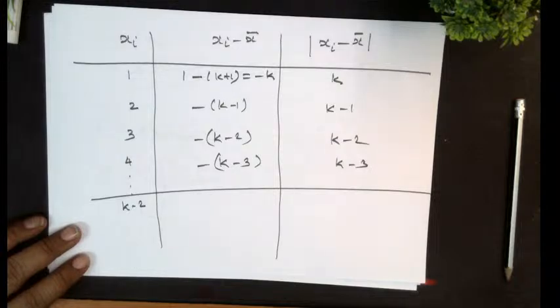So if it is a K minus 2, then what could be the value? K minus 2 minus, what is your x bar? K plus 1.